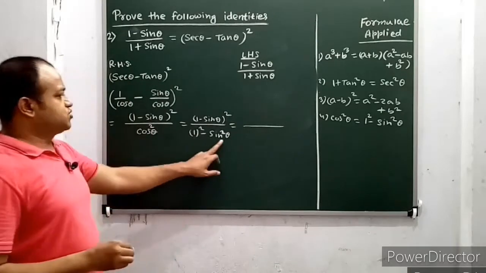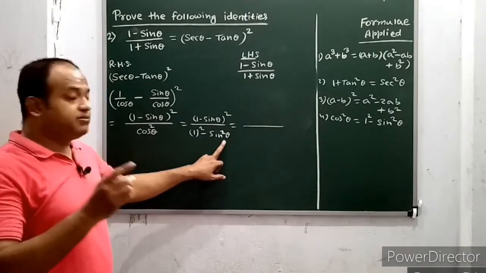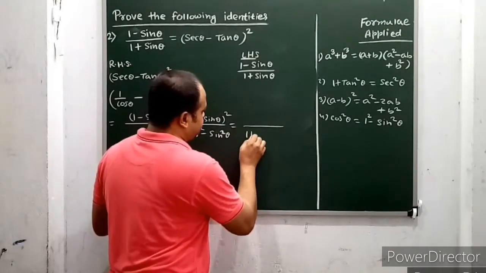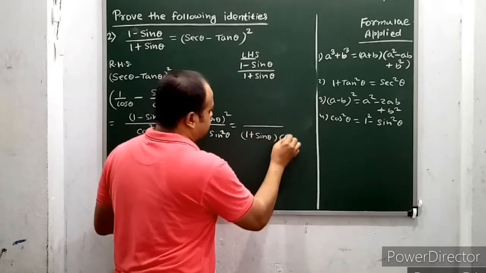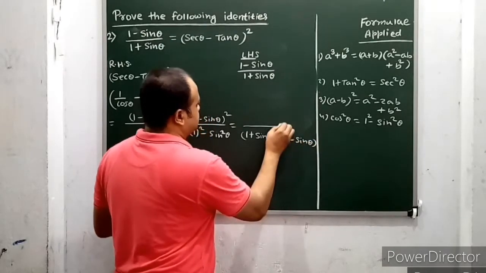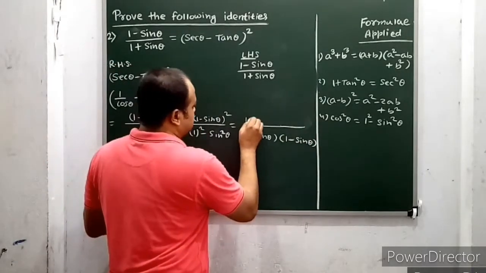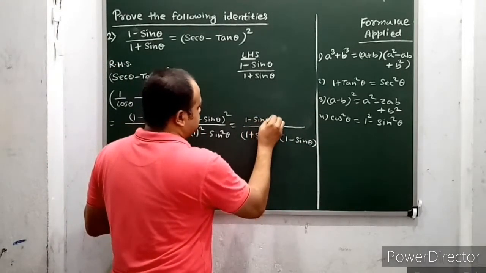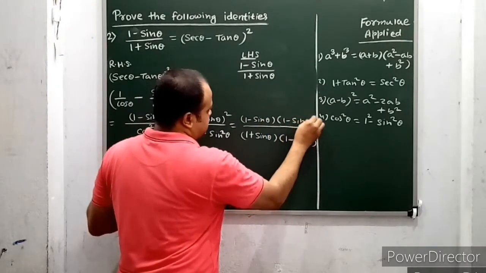Now see, it is in the form a squared minus b squared. What is the formula? A plus b into a minus b. As in the numerator part, I can write it 1 minus sin theta into 1 minus sin theta.